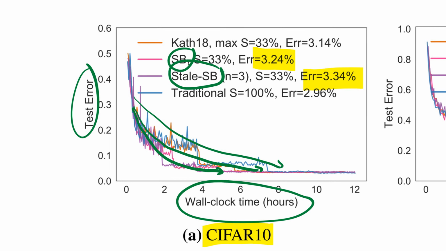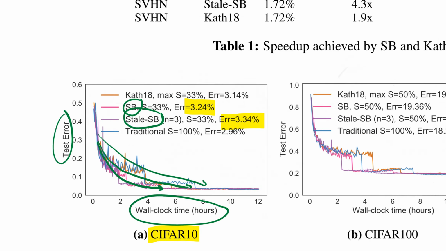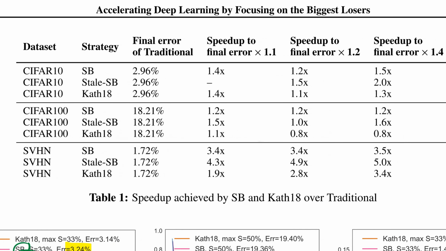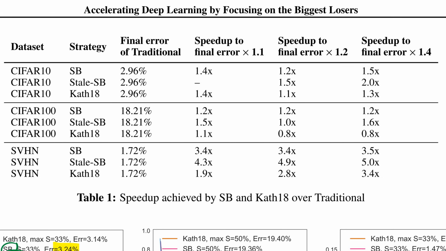This is on CIFAR-10. They have this nice table up here where they show the speedup to reach a given error. So what they do is they take this test set error of the traditional model, and they ask how fast are these methods in reaching this error times a constant, so times 1.1, times 1.2, times 1.4.